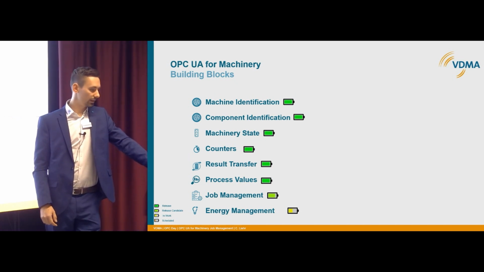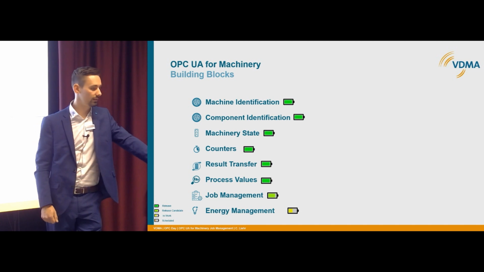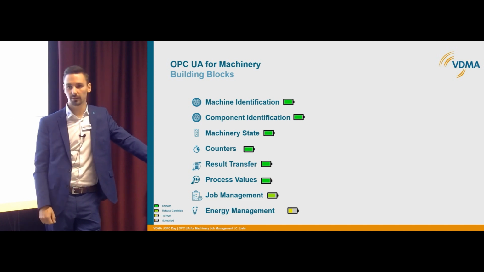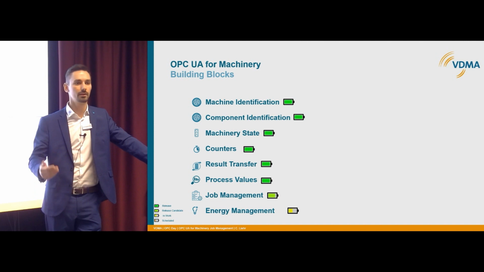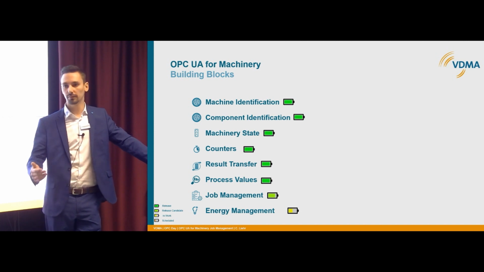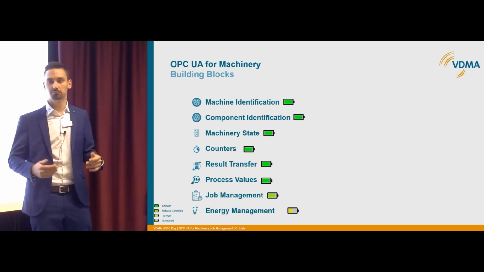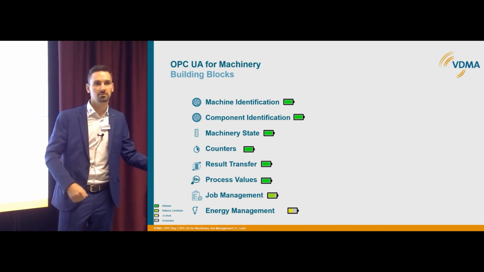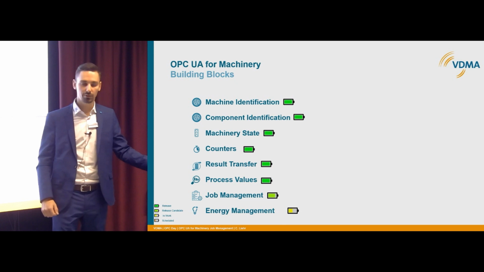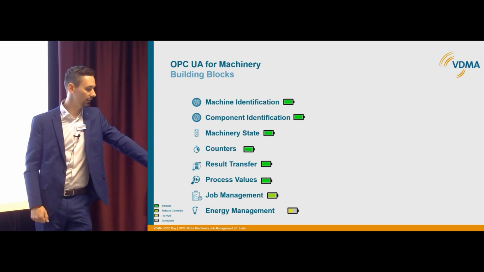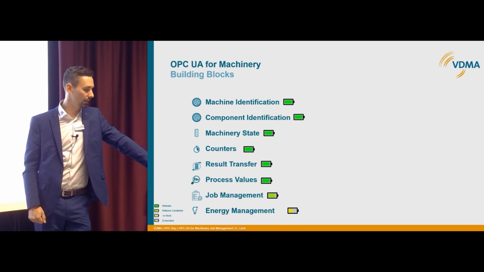Another building block is the result transfer. Result transfer ensures the uniform receipt of complex measurement results, important for industries like, for example, machine vision or geometrical measurement systems, because they have a lot of data in their processes. And this is being done by providing the metadata together with the individual results.